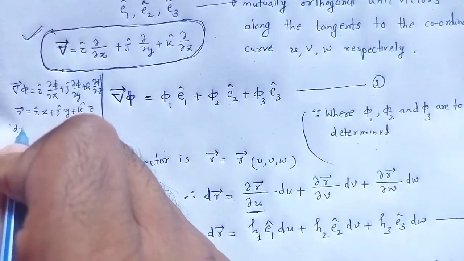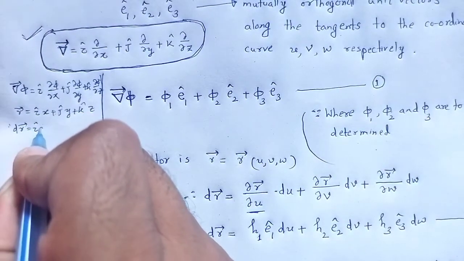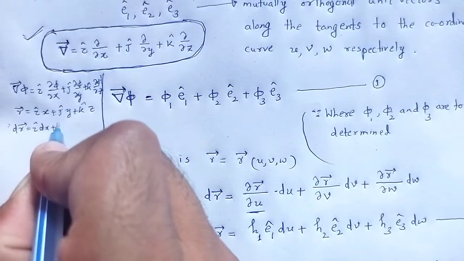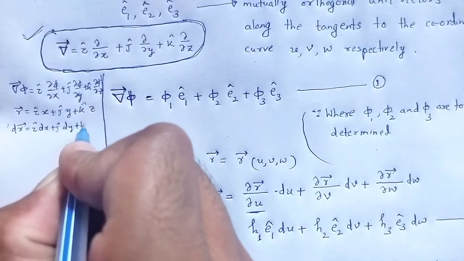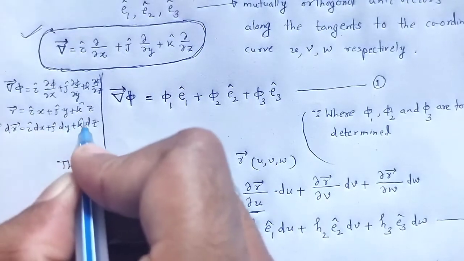Therefore, dr vector is i cap dx plus j cap dy plus k cap dz.